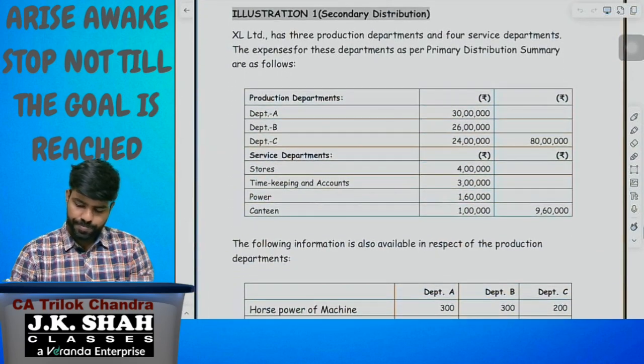Question number 1, which is based on secondary distribution. Look at the question.